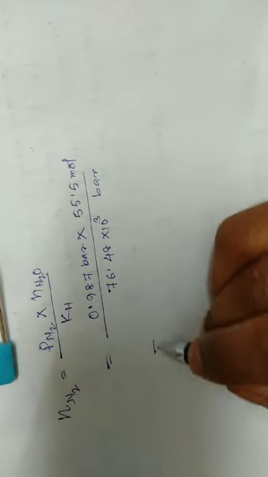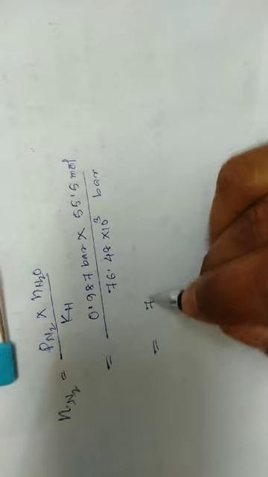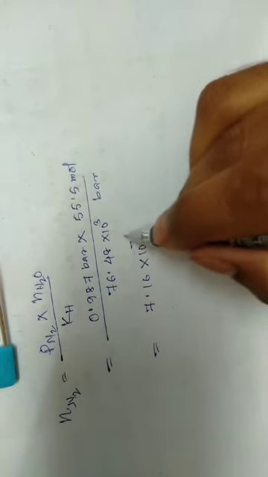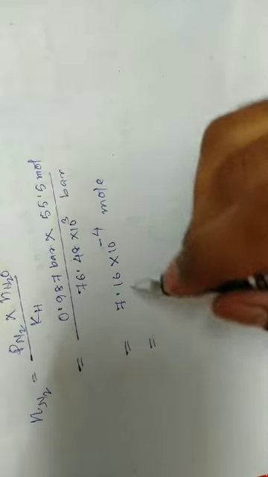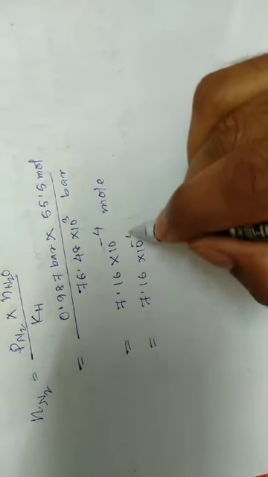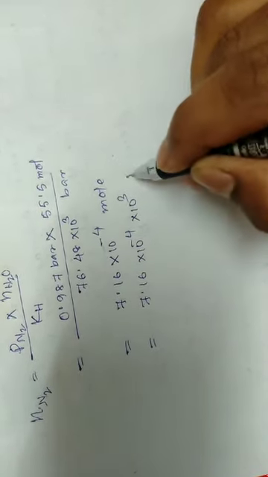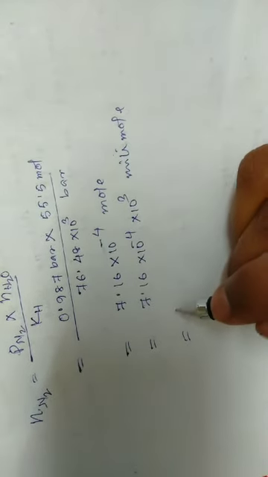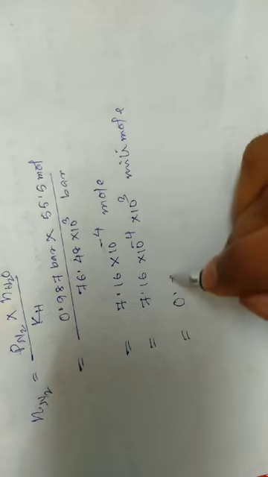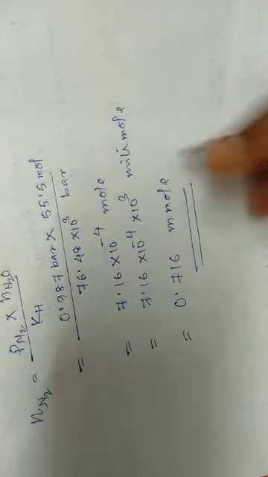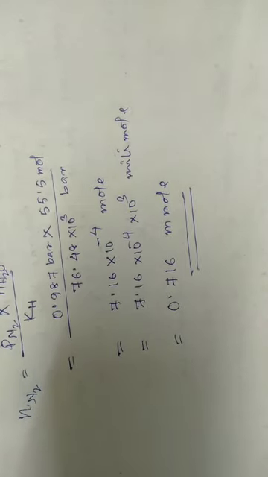After the calculation it becomes 7.16 into 10 to the power minus 4 mole. To convert into millimole, multiply 7.16 into 10 to the power minus 4 by 10 to the power 3, and finally it becomes 0.716 millimole. So this is the answer for this question.